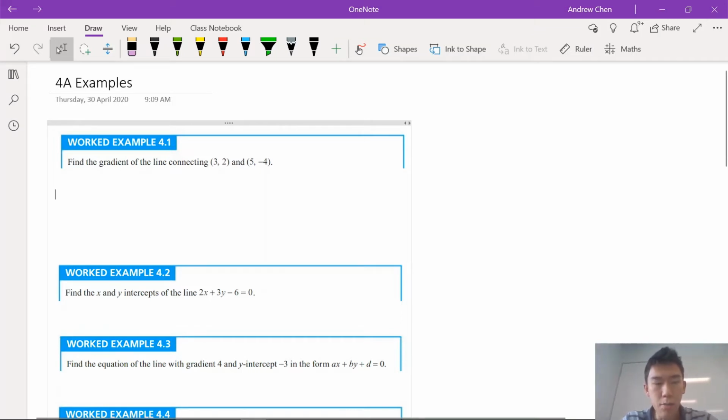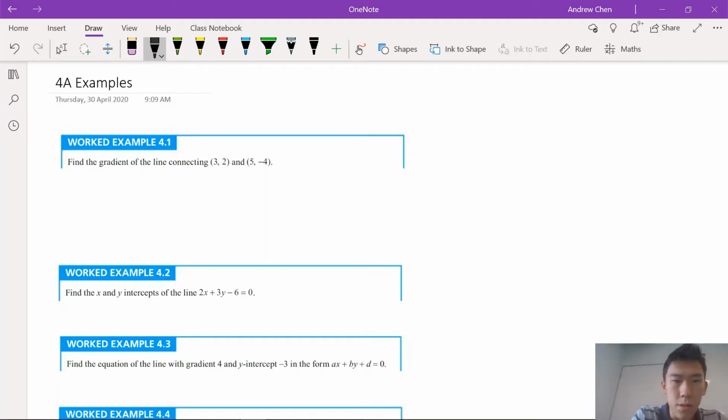Alright, so let's start with 4.1. Find the gradient of the line connecting (3, 2) and (5, -4). So this is just using the gradient formula.